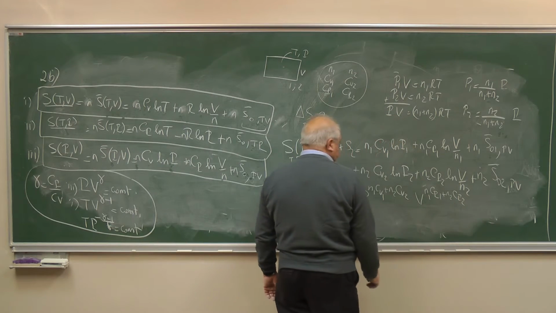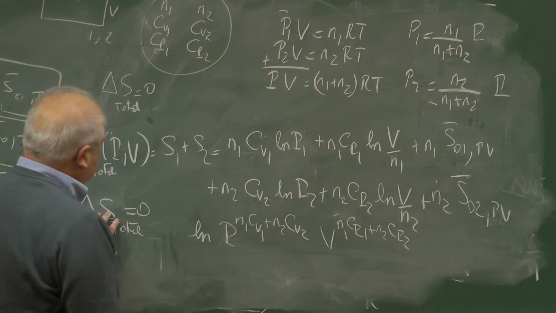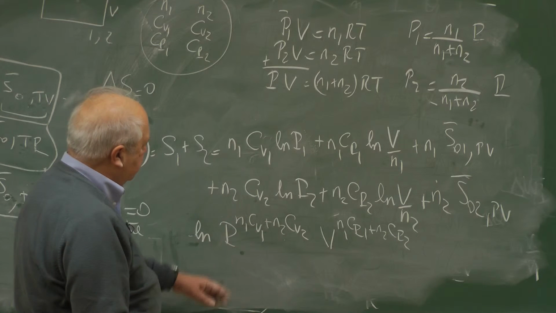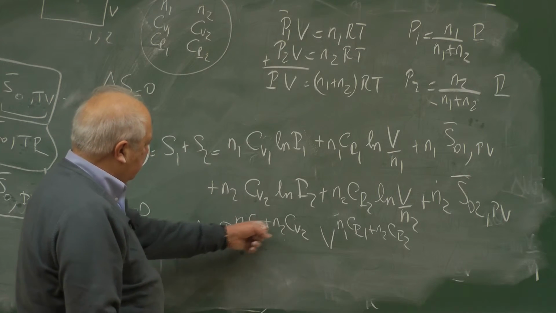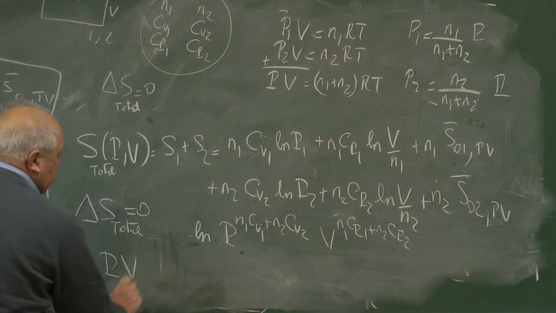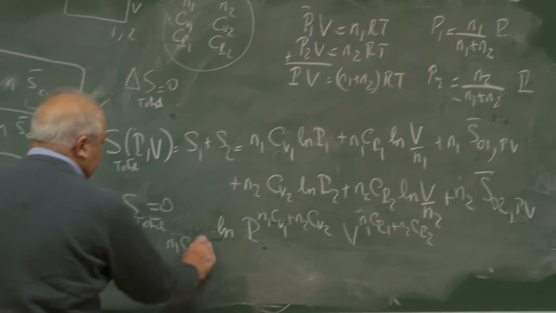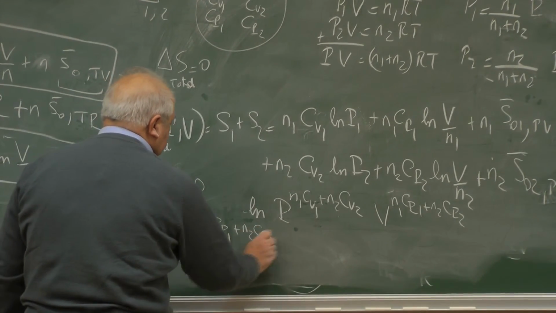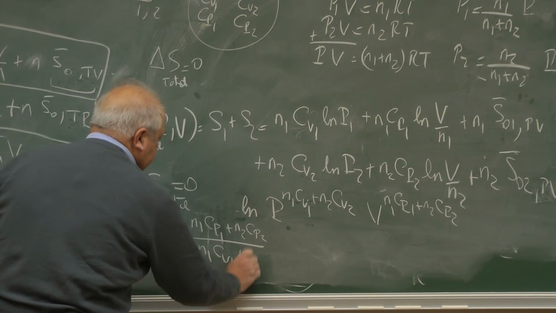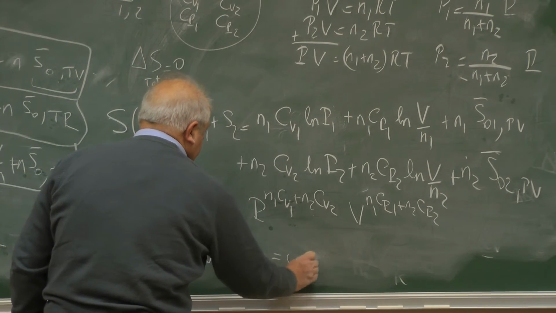Basically, we are done, because delta S will not change, so this has to be constant. If the log is constant, the function itself is constant. I take the root to that power, so it is P V to the power (N1 CP1 plus N2 CP2) over (N1 CV1 plus N2 CV2). This is equal to constant.